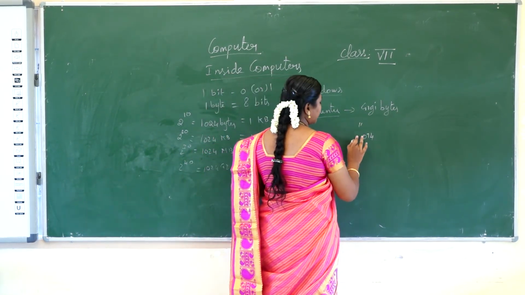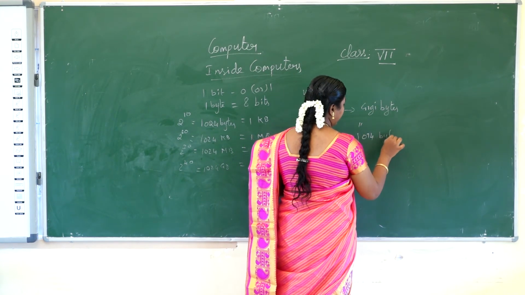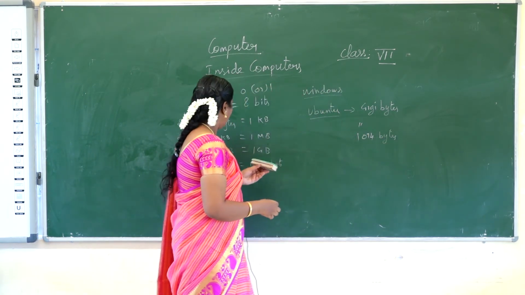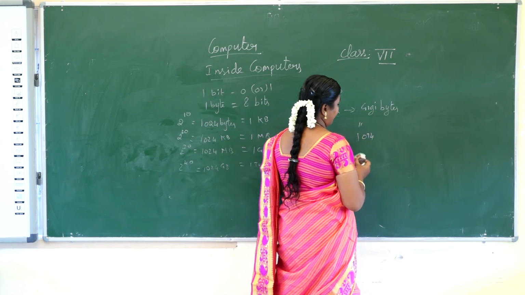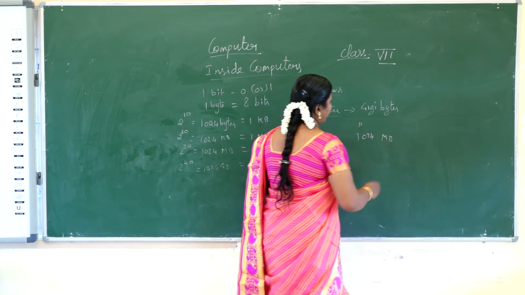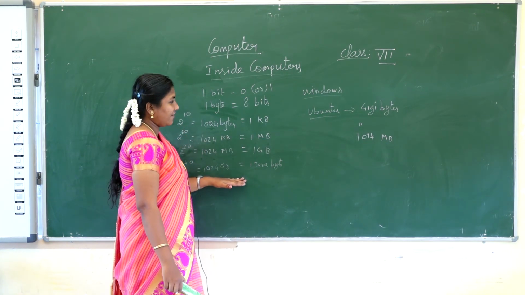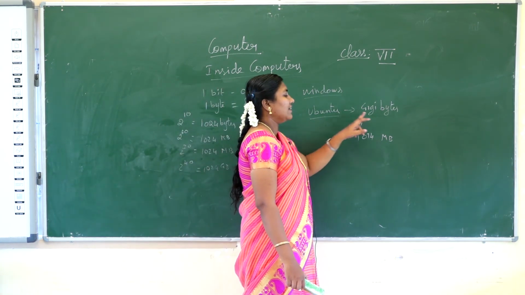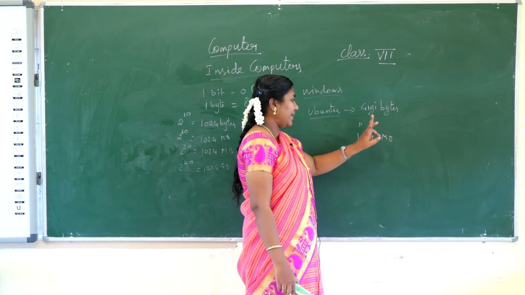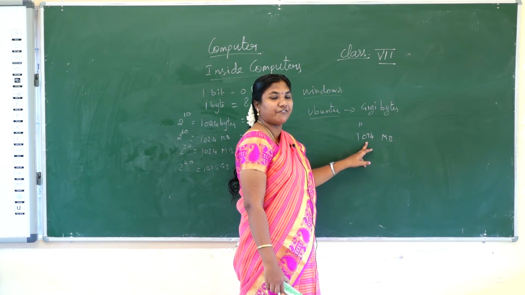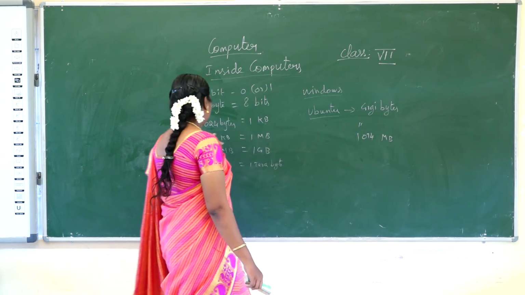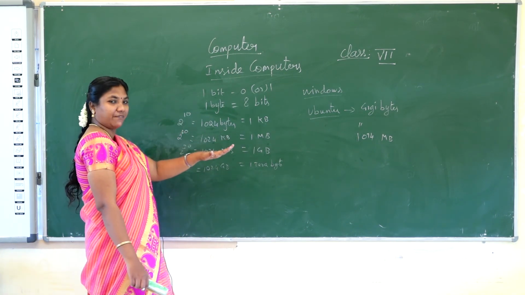Here it is 1074 bytes, 1074 megabytes. So in Windows these are the units we have, but in the Ubuntu software we call it gibibytes, and it is equal to 1074. It is nearly equal to 1024.